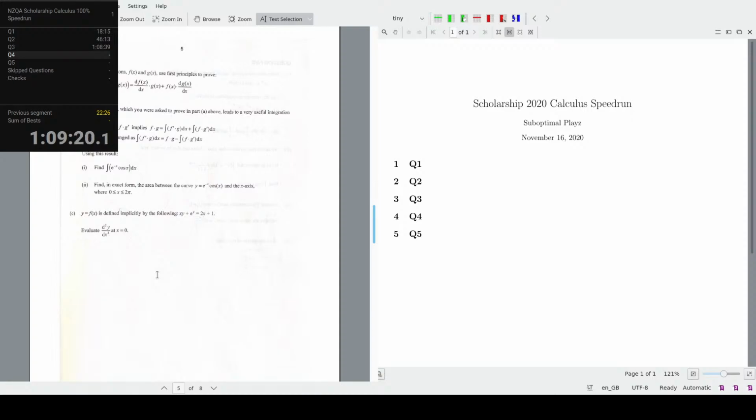So you do d on dx of f(x)g(x) is equal to the limit as h goes to 0 of f(x+h)g(x+h) minus f(x)g(x) on h, right? That's from first principles.